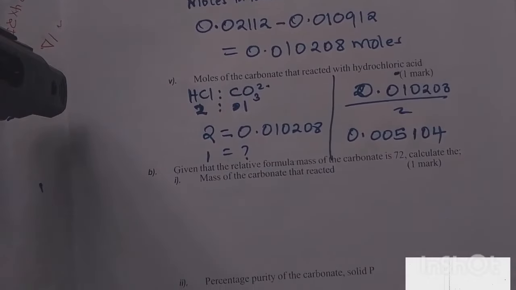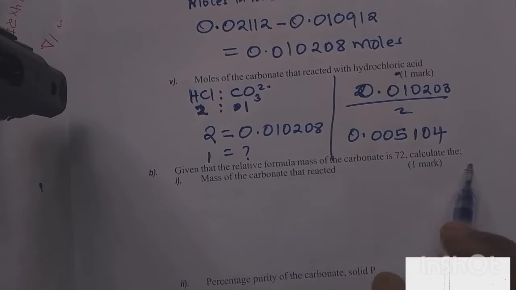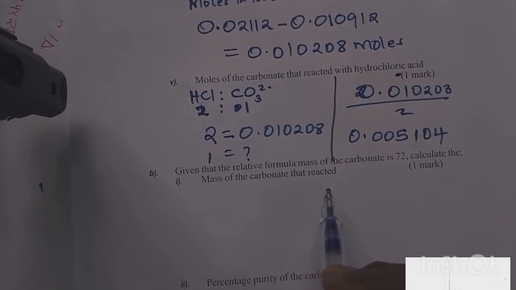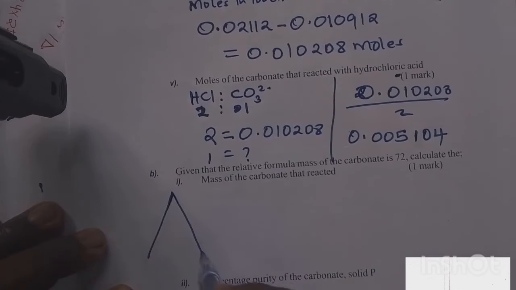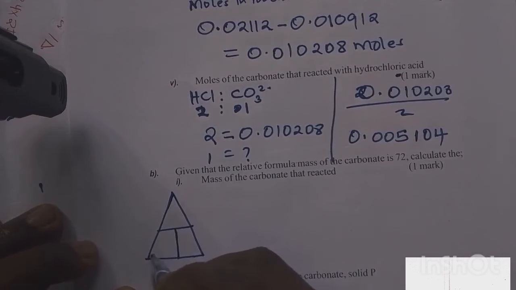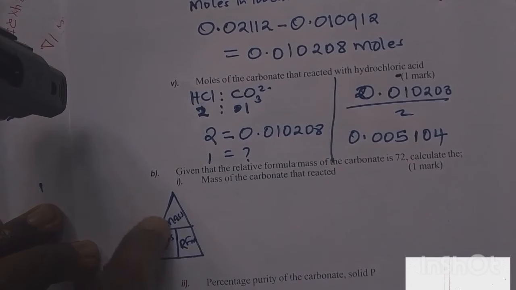Given that the relative formula mass of the carbonate is this, calculate the mass of the carbonate that reacted. Now from the first formula, when you are doing moles, you know that moles is equal to mass over RFM. So if I want mass, it is moles times RFM. If I want moles, it's mass over RFM. So what I want is mass.